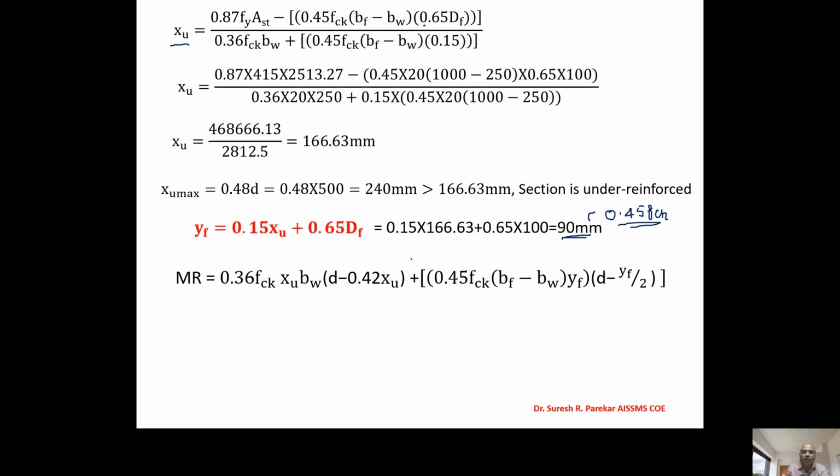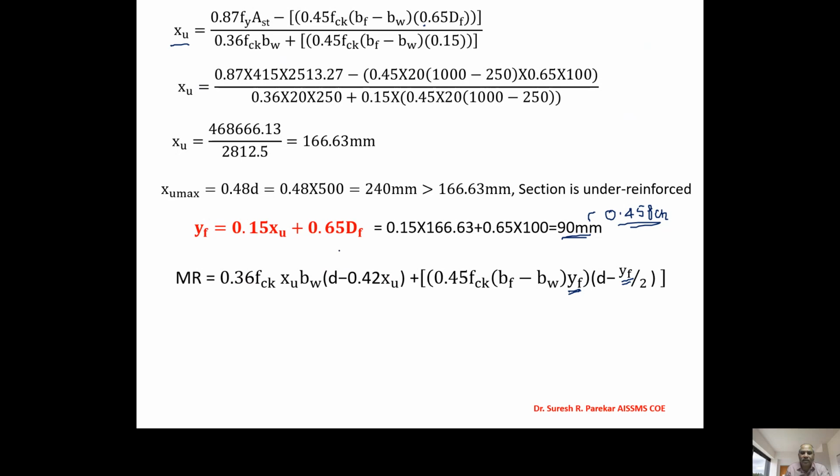And then we will go with 0.36 fck xu bw (d minus 0.42 xu). This will be as it is, as we have in the second case, that is df less than 3/7 xu, plus here we have yf, the equivalent depth, and this is yf by 2.